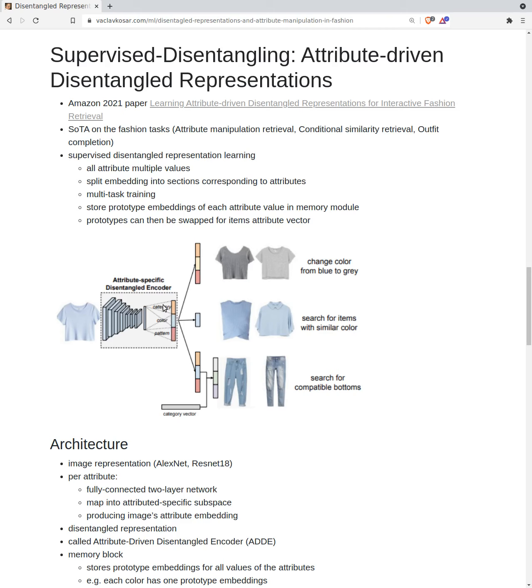One is the embedding of the category of the product, one is the embedding of the color, and one is the embedding of the pattern. And they are composed like this, and at the same time, I also store prototypes of embeddings of those discrete value attributes. So for example, for each color, I have a specific embedding, and then I can do this word2vec operation, minus red plus blue, and I will modify the color. And you can search like this.